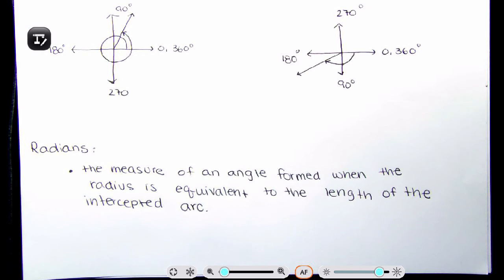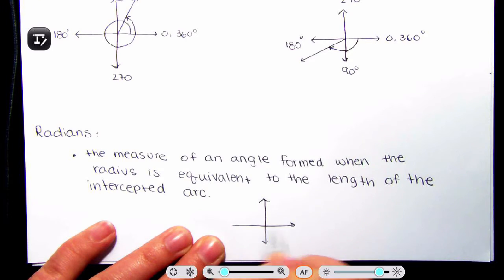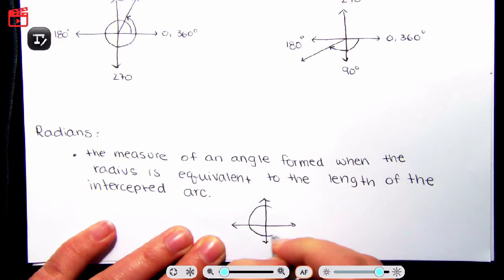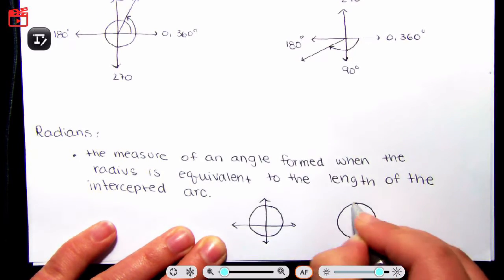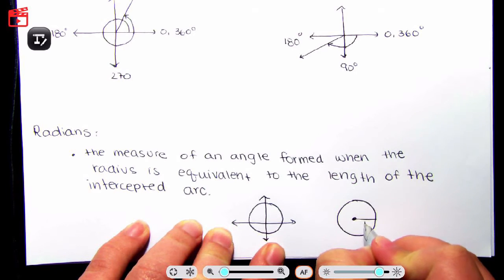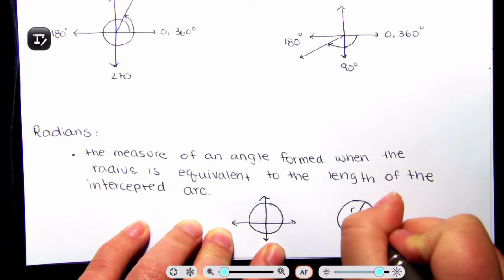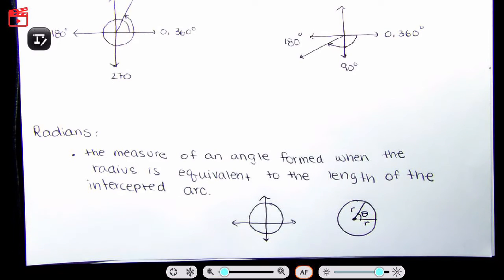Like, let's draw a picture. So let's say, here's my unit circle. It doesn't matter. It doesn't have to be on an X and Y. Let's just say, here's a circle. So 1 radian, here's my center point. Here's my radius. Here's another radius. Here's my theta, or my angle measure, right?